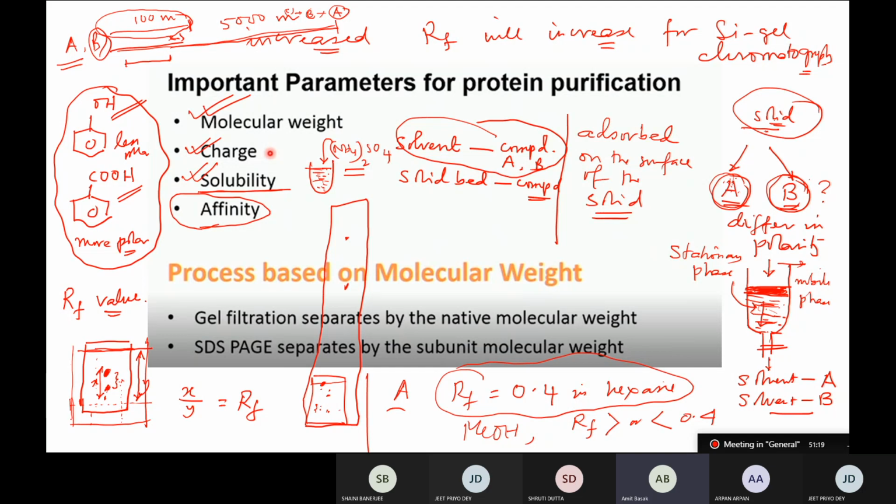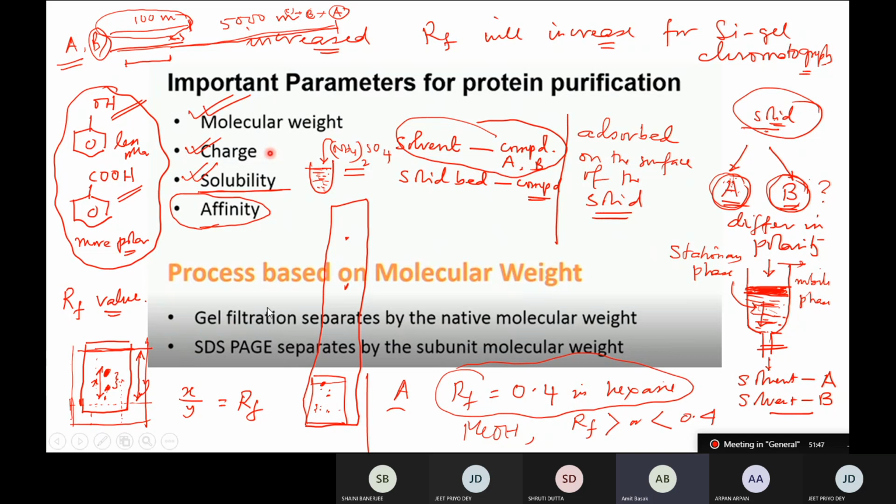Affinity means basically the interaction between two entities. If the interaction is high, they have better affinity between themselves. If the interaction is low, they have weaker affinity. You can exploit that affinity also to separate proteins. So these four parameters are utilized for separation of proteins.